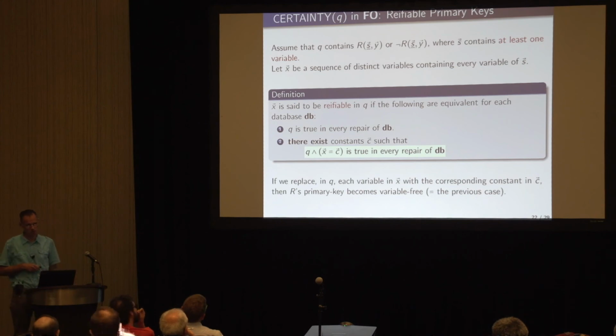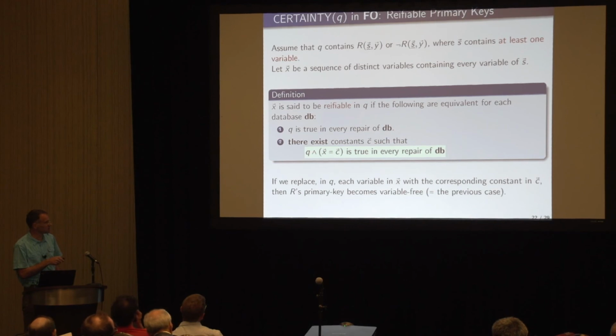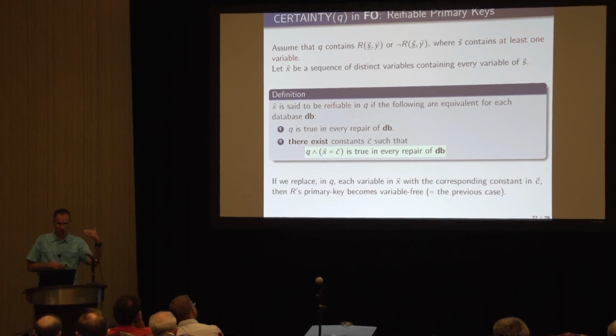Then we have a notion of what we call reifiability. So we say that X is reifiable in the query if the following are equivalent. If Q is true in every repair of the database, then there exists a constant C such that Q with X equals C is true in every repair of the database. So this means that if the query is true in every repair, then it's true for a fixed value of X.